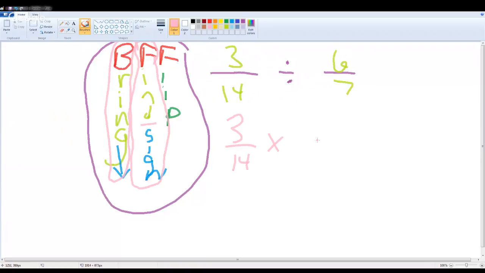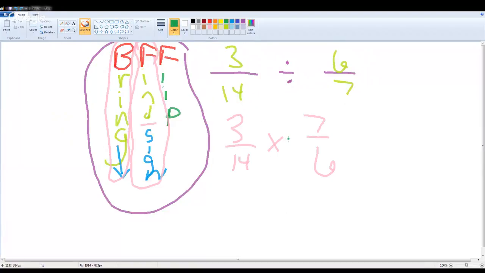Okay, and then flip. So flip this sign where the 6 is on top and the 3 is on bottom. So 6/3.